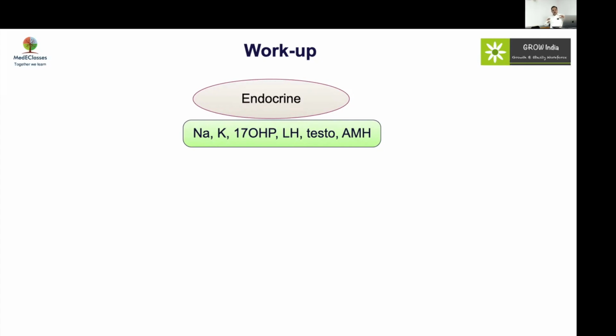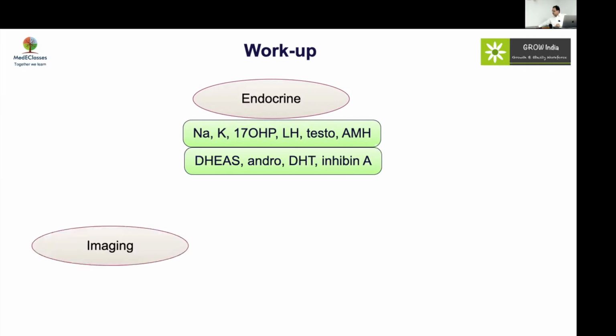We need to prioritize these investigations. Investigations like DHEAS, androstenedione, DHT, and inhibin A should be kept at second line. We are trying to simplify the workup with easily available investigations and not complicate it too much.